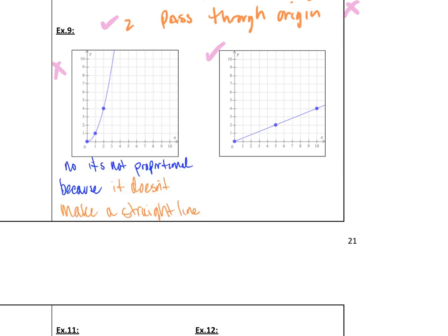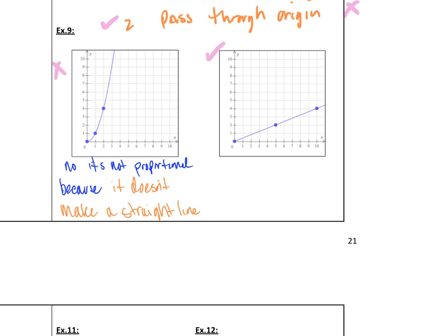Okay, so you would say this is not proportional because it doesn't make a straight line. That's it. You could say that it passes through the origin, but it doesn't make a straight line. You can add that to it, but the most important thing is you're saying why it is not proportional, because it is not a straight line.